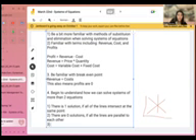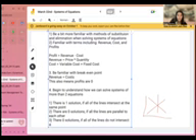And lastly, case 3: there are 0 solutions also if all of the lines do not intersect at the same point.